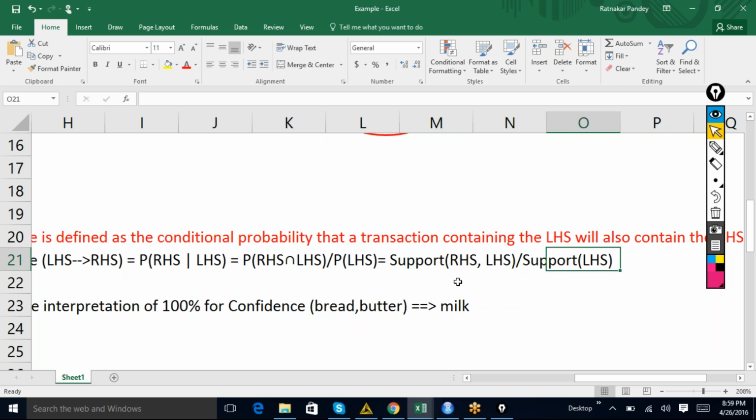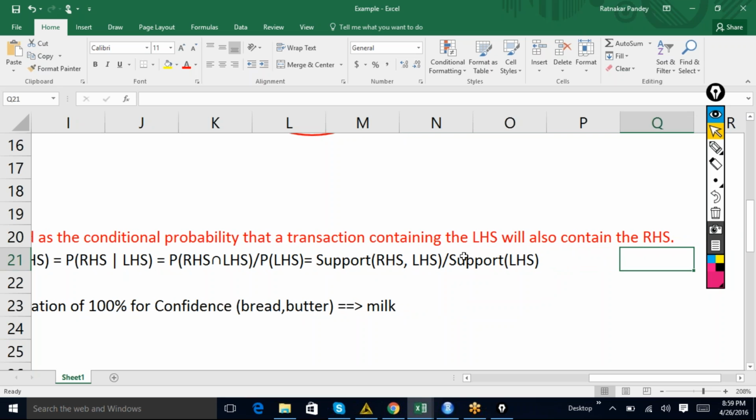Or if you simply translate that into support, it's the support of right hand side and left hand side, which is nothing but how many instances there are where right hand side and left hand side are happening together, right? Divided by the support of left hand side, or how many instances there are where the left hand side is happening as well, right?